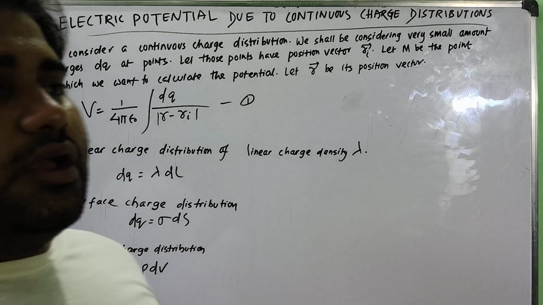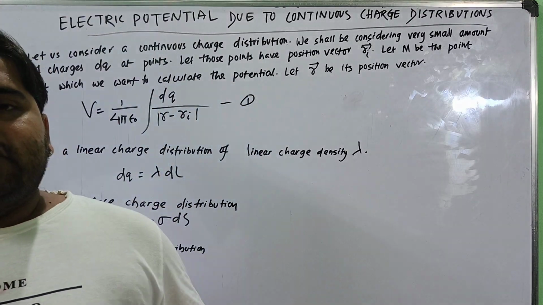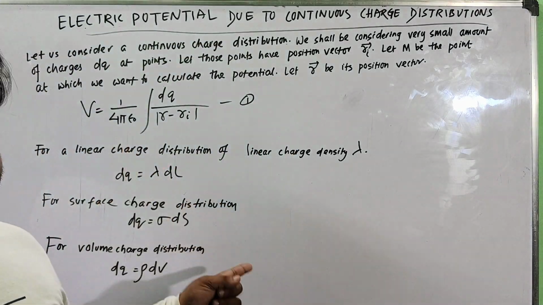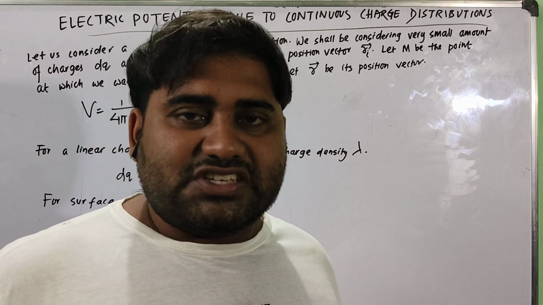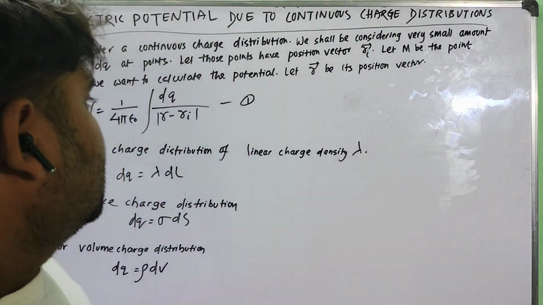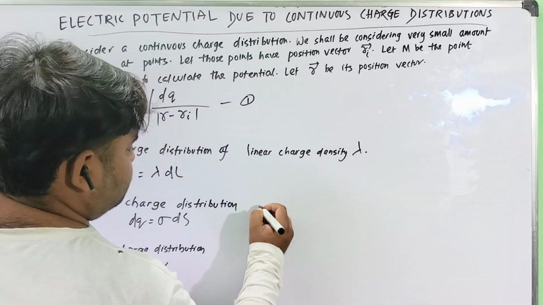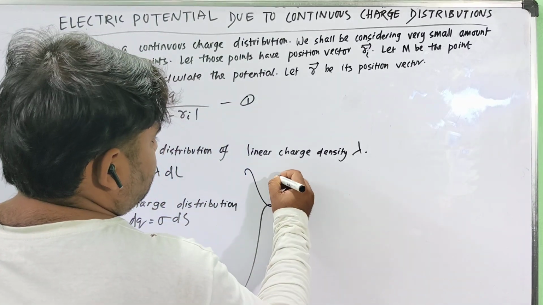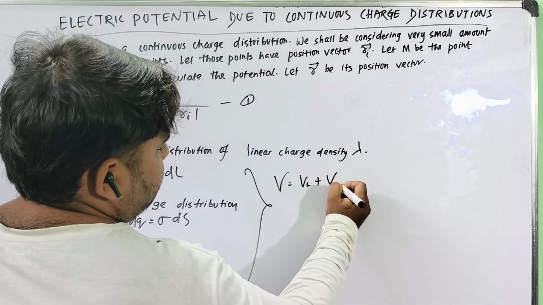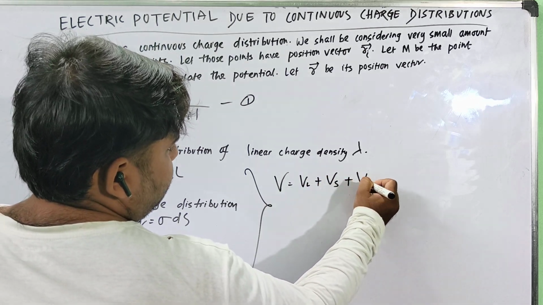Because we consider that the system consists of the line charge distribution, the surface charge distribution, and the volume charge distribution as well. So the total net potential is VL plus Vs plus Vv.